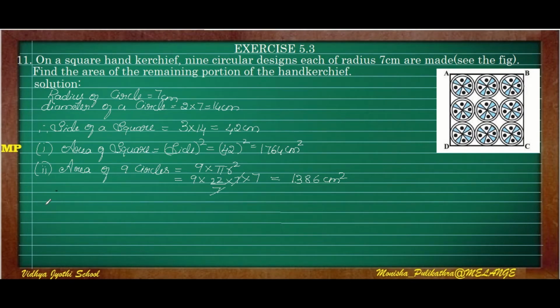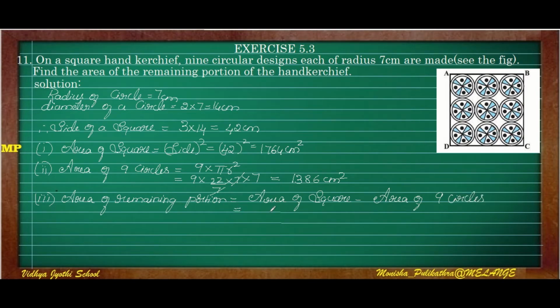So now we have to find out not the circular designs, but the remaining portions in between the handkerchief. The area of the remaining portion in the handkerchief is obtained by subtracting area of 9 circles from area of square.